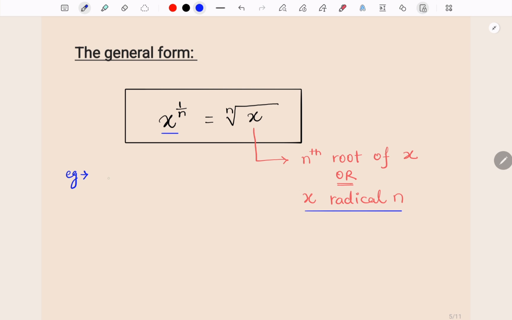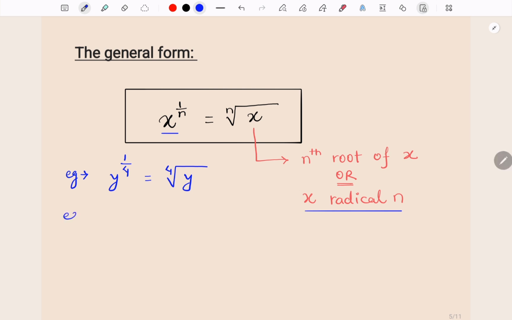We have y raised to the power 1 over 4. Can you guess how we can write it in the radical form? Yes, that would be the fourth root of y, or y radical 4.